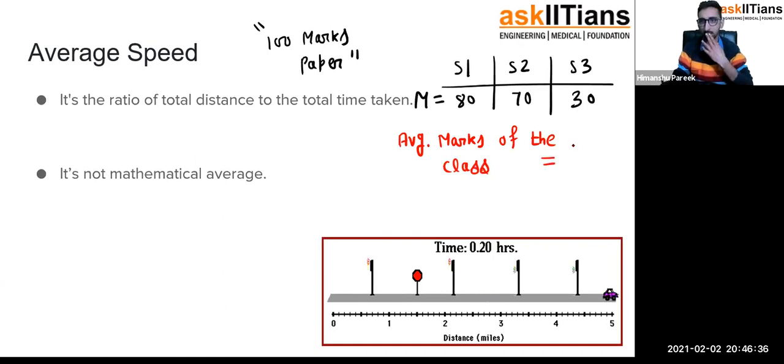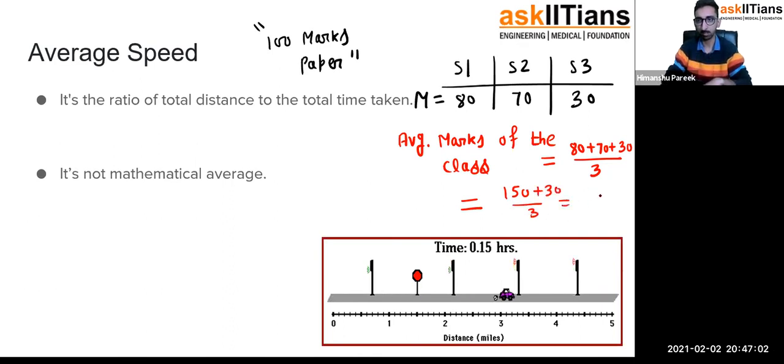You will say, sir, add all of them and then divide by 3. We will do that. Add all 3 of them: 150 plus 30, divided by 3, which is 180 by 3, which is 60. So I can easily say that the average score for the entire class is 60.